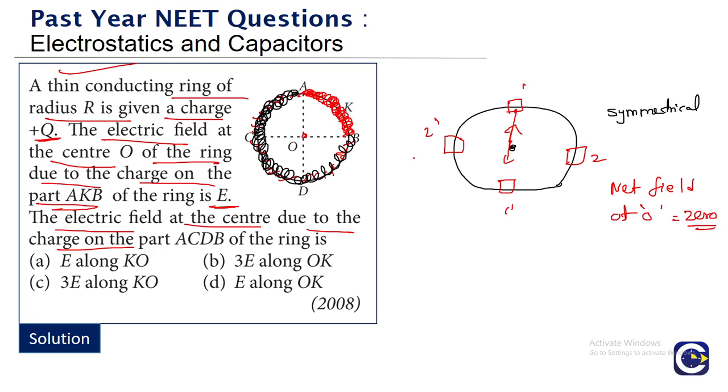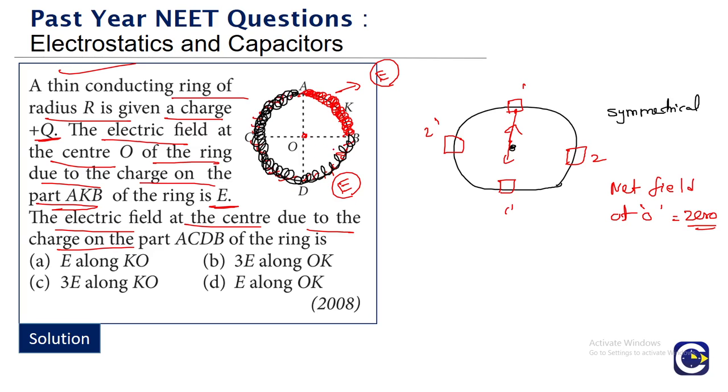Which means if the part AKB is developing an electric field E, then the remaining part ACDB should develop an electric field equal in magnitude but exactly opposite in direction. That is when they both will cancel, so that the net field at the center will be 0.